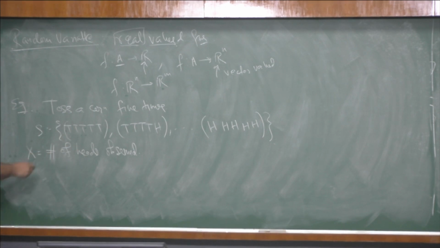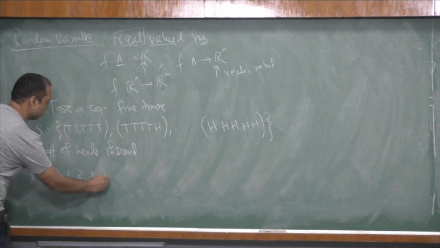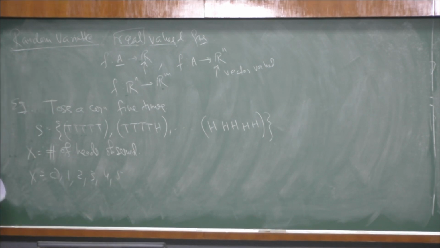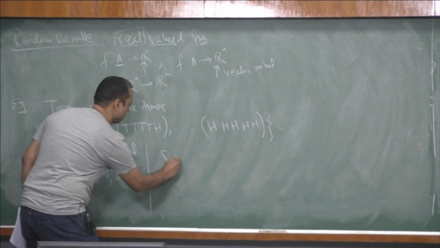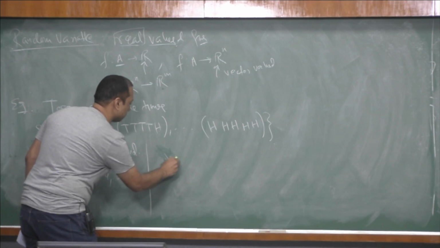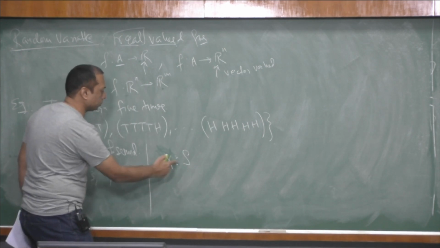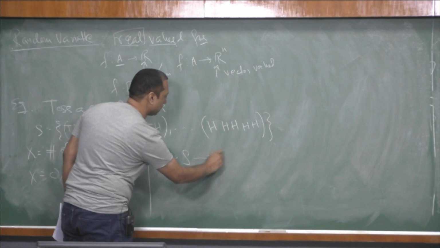So the possibilities for x are 0, 1, 2, 3, 4 or 5. It's possible that I have all 5, possible that I have 0, and so on. Hence we can define a random variable as a function that takes elements from the sample space and gives me a real number as output. In this case, it's an integer. That's the concept of random variable.